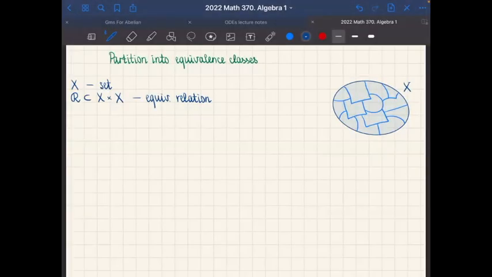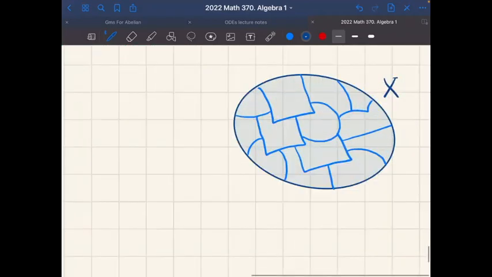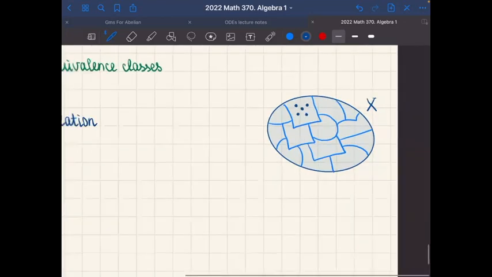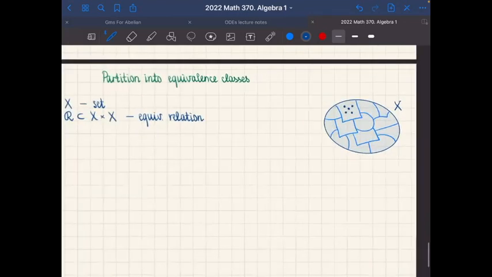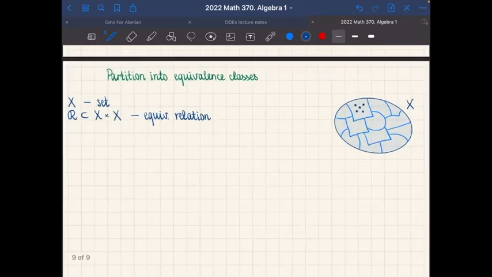Now let's say that we have a set X with an equivalence relation R. Then we want to observe that on this set, we have this sort of partition into cells where each cell consists of elements that are equivalent to each other. So in what sense do we want this to be a partition?